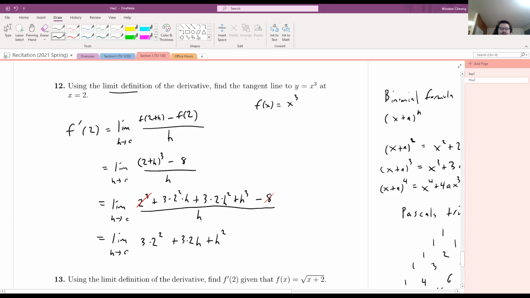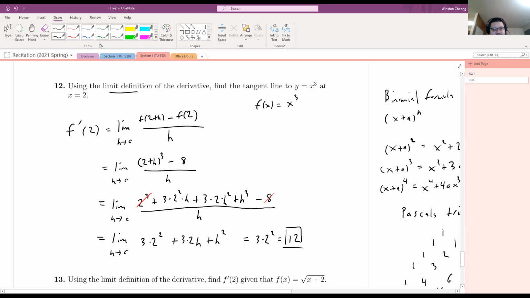When we take the limit now, these last 2 terms are going to disappear. So all we're dealing with is 3 times 2 squared. And finally, we use our brain a little bit and think, what is 3 times 2 squared? That's 12. It is 12, right? Sometimes algebra is easier than numbers. Yes, it is 12. Good.